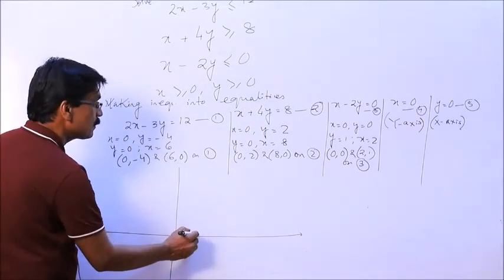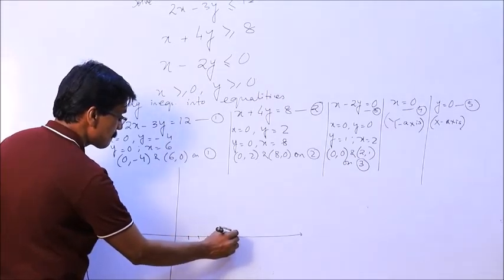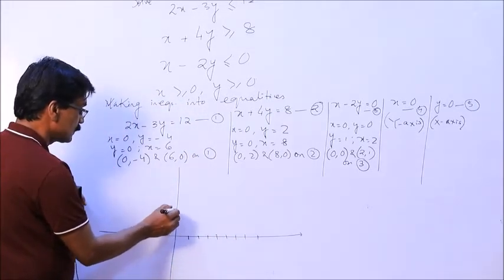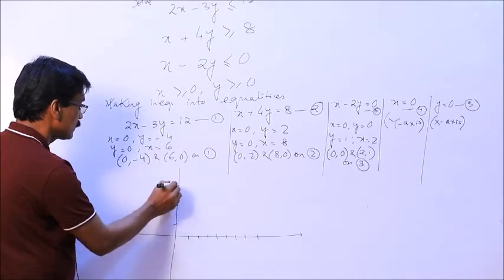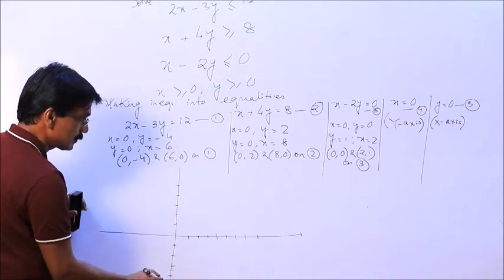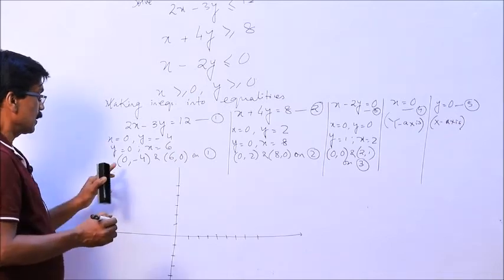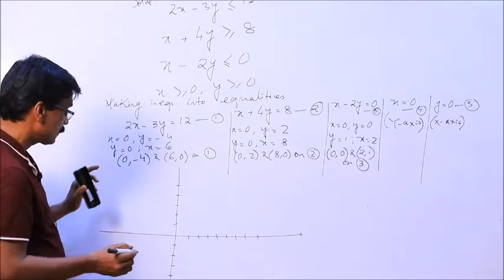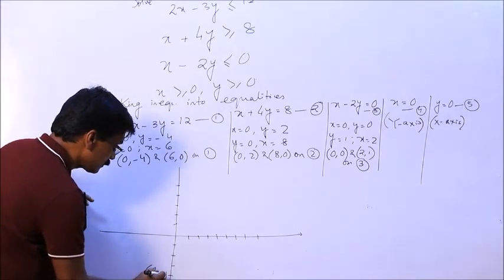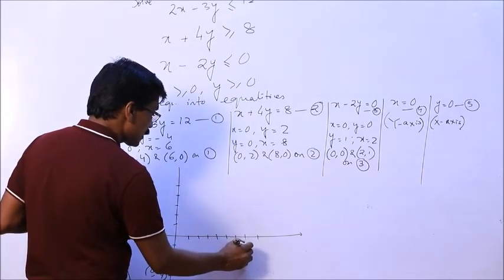So, that is 6, 0, so 0, minus 4, that is on the y axis, and 6, 0 on the x axis.